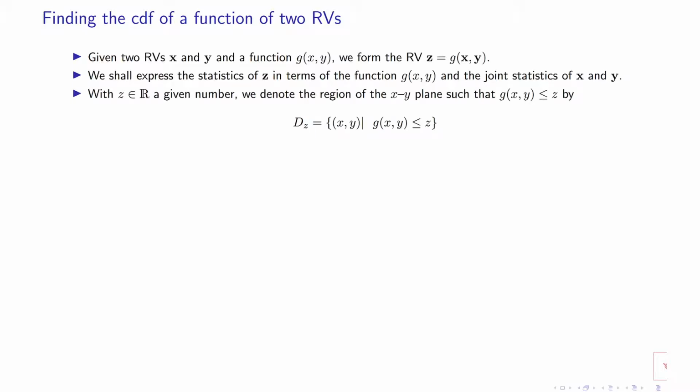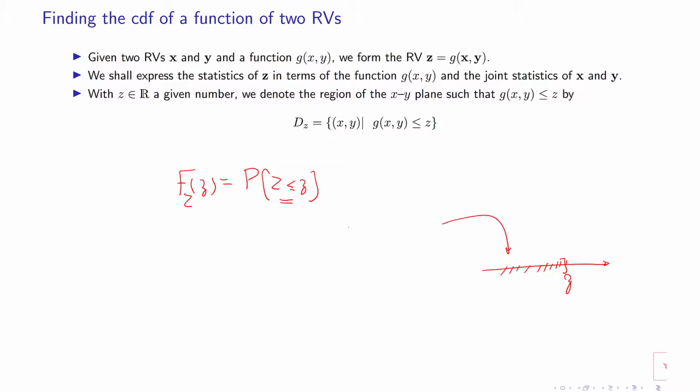So the first thing to do, if you want the CDF of z, F_Z of z, is basically equal to the probability that Z is smaller than or equal to z. So the probability of this event. What is the meaning of this event? It means that on the line of, let's say, this is my line z, what is the probability that Z falls somewhere here?